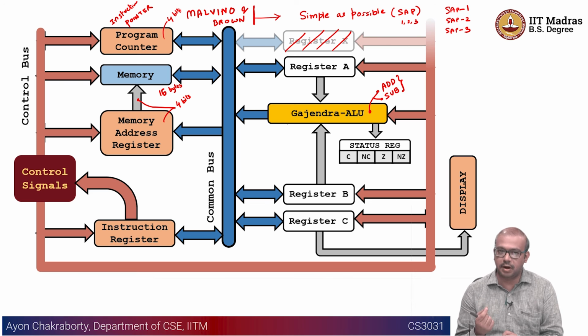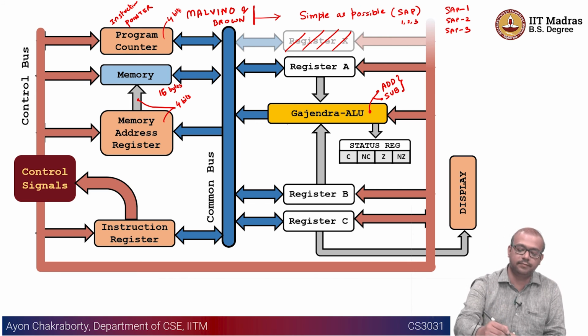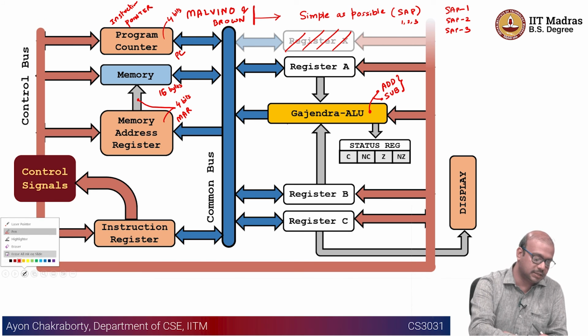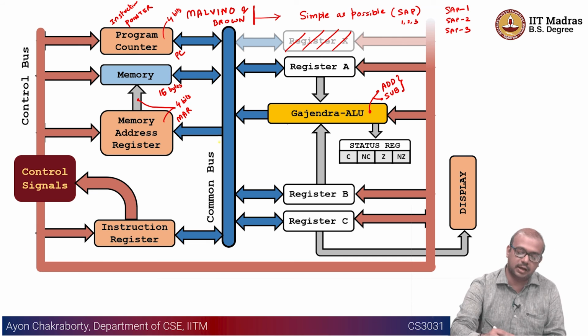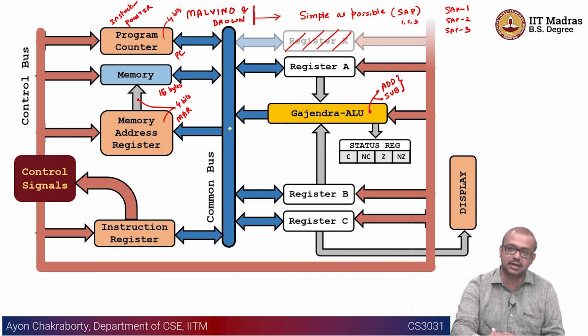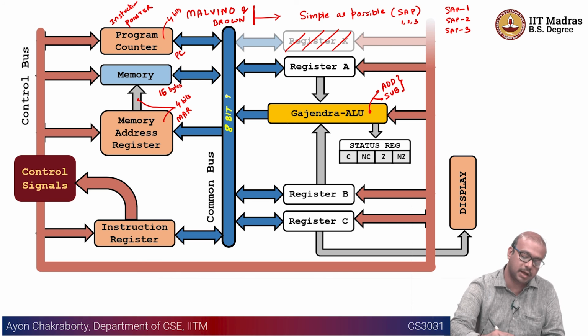If you read one particular byte, there are 8 bits, okay. So you need to be careful about the interaction of the program counter and the memory address register, or MAR, with the common bus, because the common bus is going to be carrying both addresses as well as data. So this is going to have an 8-bit data path.